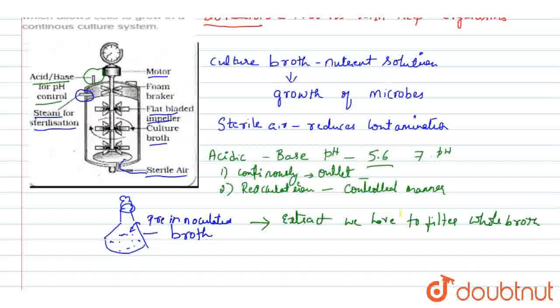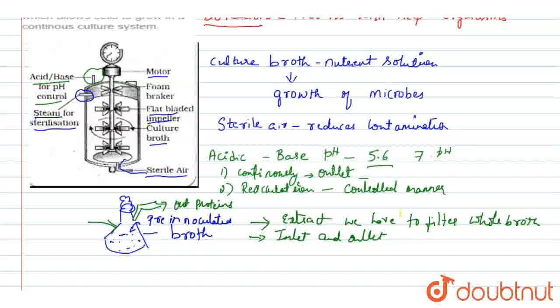A second disadvantage is that there are no inlets and outlets here, so no sterile steam or sterile air can pass, and there is no outlet to remove the downstream products, the finished proteins.